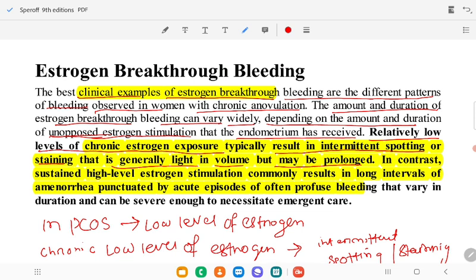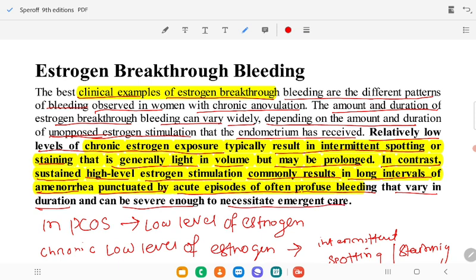But in contrast, a sustained high level of estrogen stimulation commonly results in long intervals of amenorrhea punctuated by acute episodes of profuse bleeding that vary in duration and can be severe enough to necessitate emergent care.